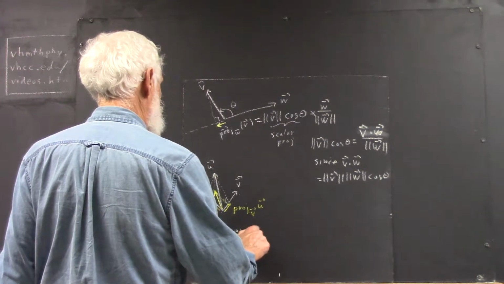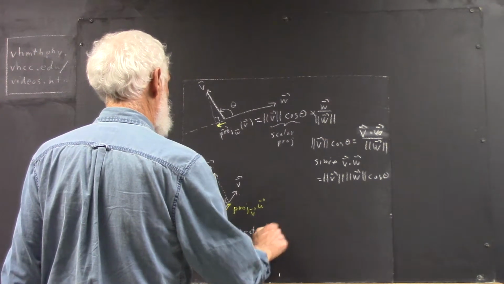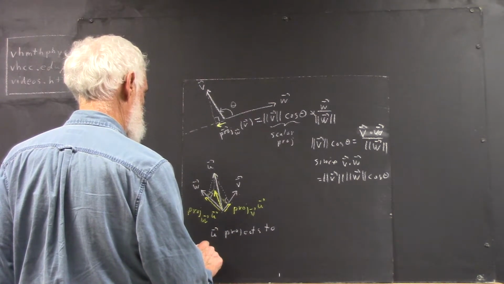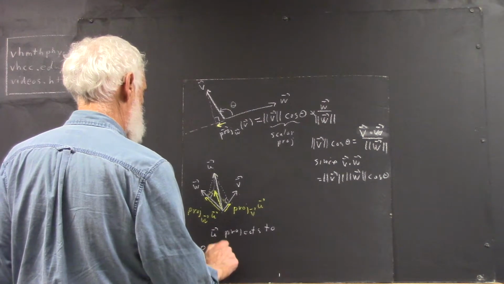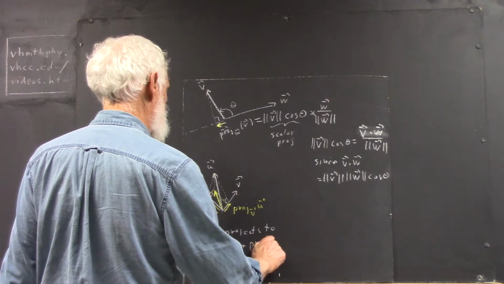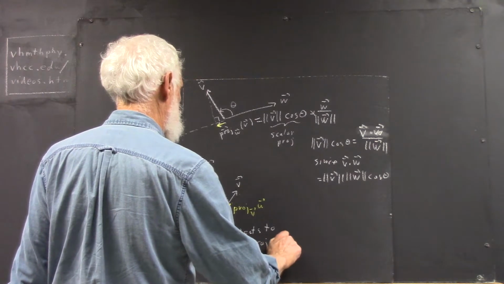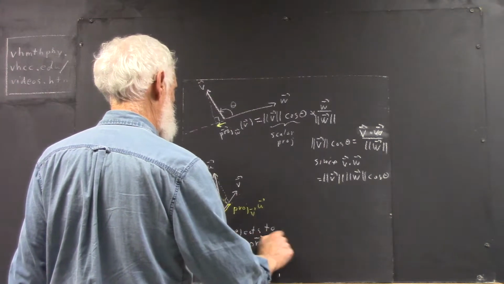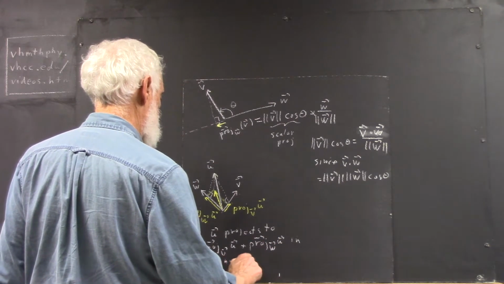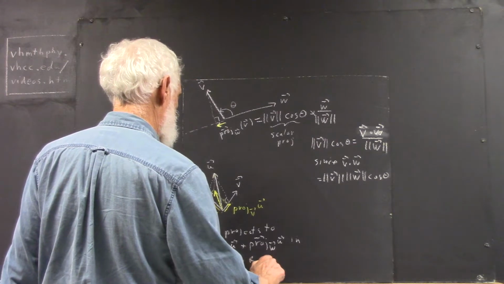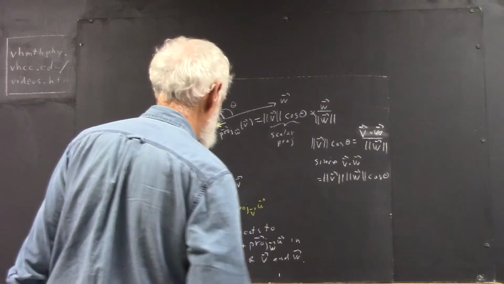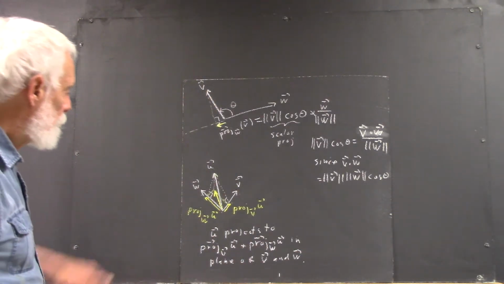U projects to the vector, we'll call it anything, projection onto V of U plus projection onto W of U, in the plane of V and W. Now that's an important picture.